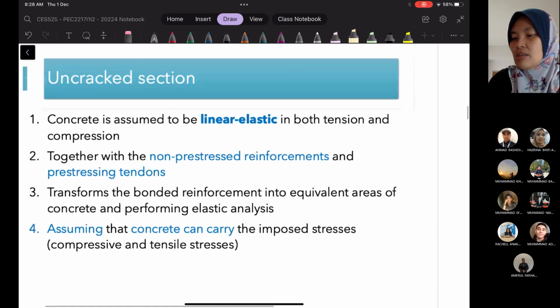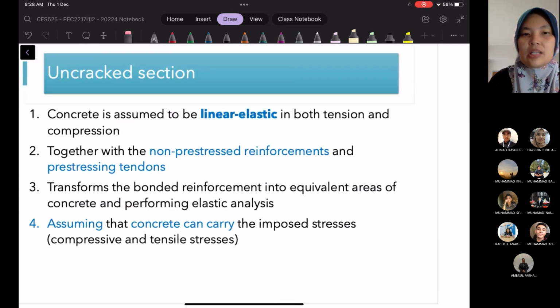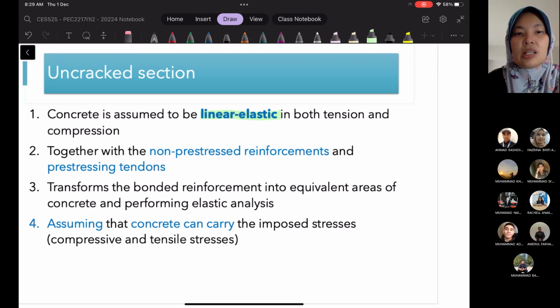So we look at this for the uncracked section. The concrete is assumed to be linear elastic in both tension and compression. So when we have a beam, we are going to have these two zones, the tension zone and the compression zone. For both zones, we consider both to be linear elastic, together with the non-prestressed reinforcements as well as the prestressing tendons.